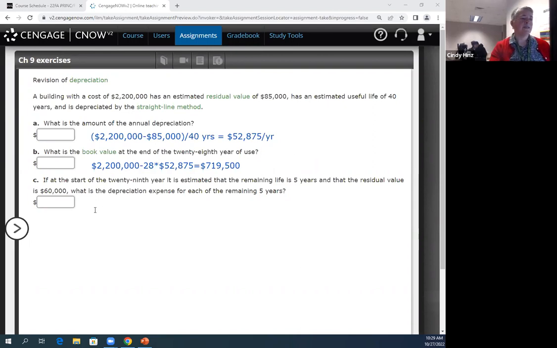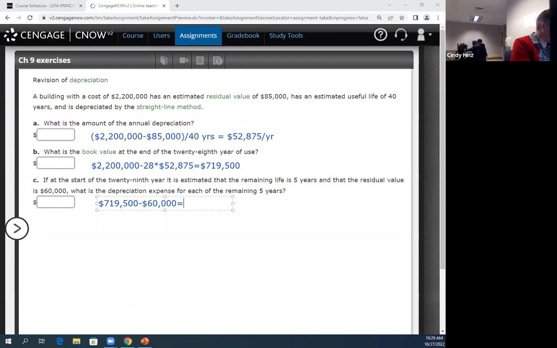So it's almost like starting from scratch. It's almost like starting over with our calculation. We take the current book value of $719,500. We subtract from that the remaining value to get the remaining depreciation.